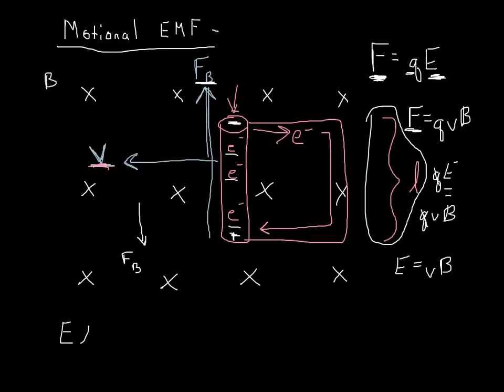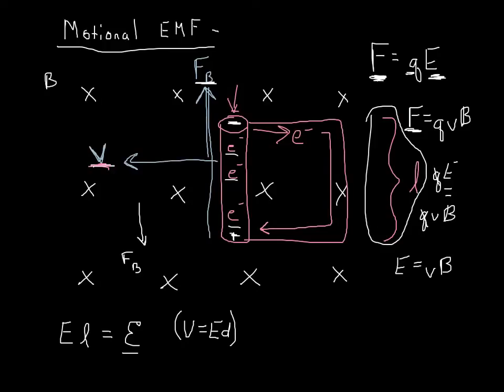E times L is going to give me the induced EMF. We get this from remembering that voltage, potential, is equal to E, electric field, times the distance along which that electric field acts. It's exactly what we have here.